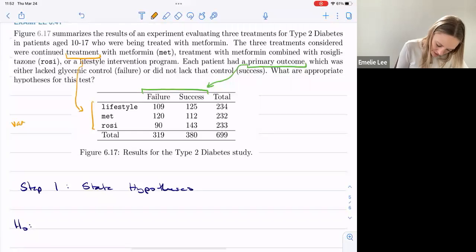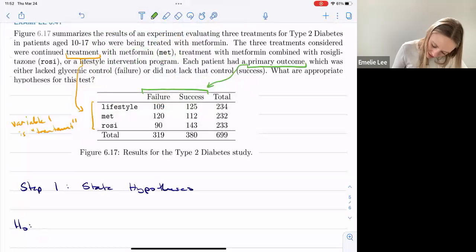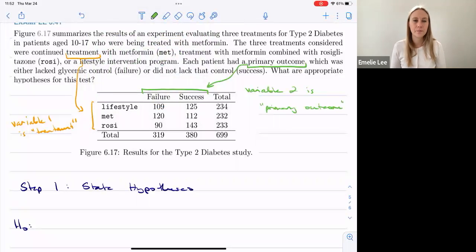And so variable 1 is treatment. And here, variable 2 is primary outcome, right? Or just outcome. This depends on the question, right? So depends on the question what the variables are, but it's easier to talk about if you have some general name for each of the variables, right?